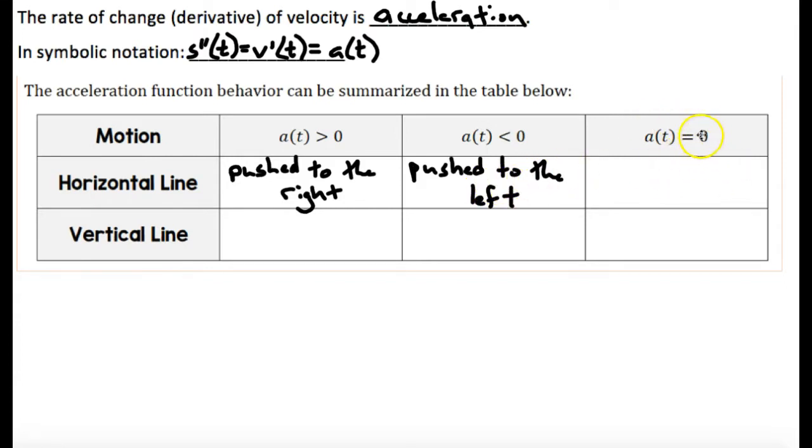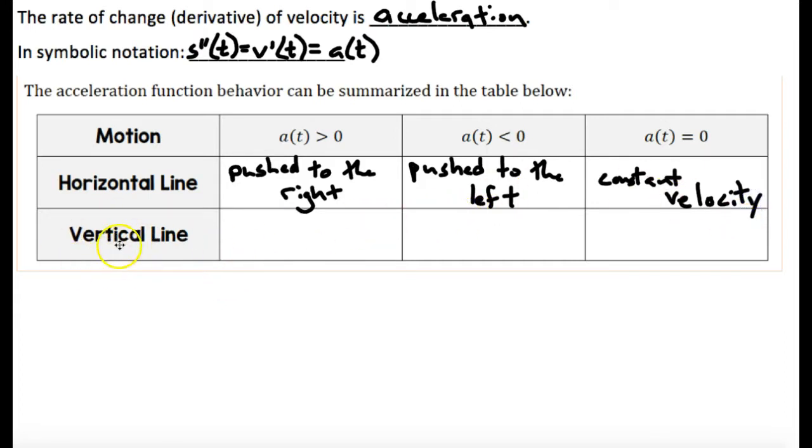Then if acceleration is 0, that doesn't mean that the particle is stopped. That just means that it is not speeding up or slowing down. So this means that we would be moving at a constant velocity. Velocity remains the same.